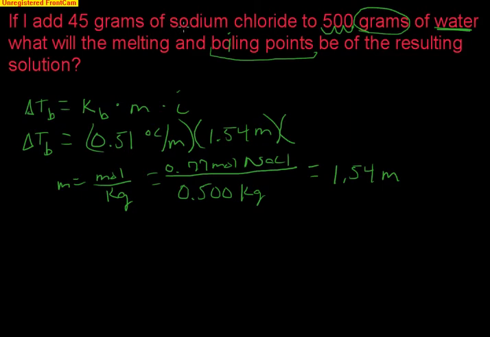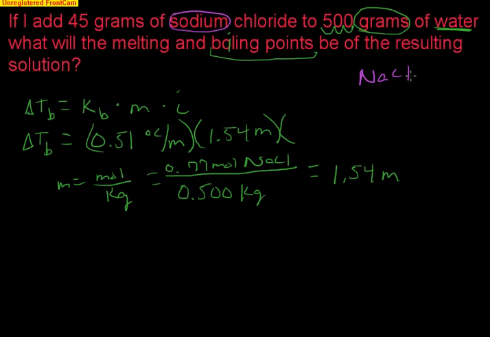Sodium chloride, if I write this out, is NaCl. But I have to figure out, is this ionic or covalent? Right off the bat I know this is ionic because sodium is a metal. Anytime you have a metal mixed with a nonmetal, it's going to be ionic.